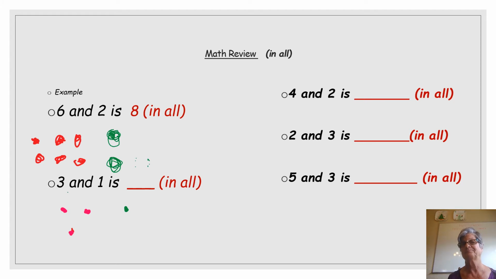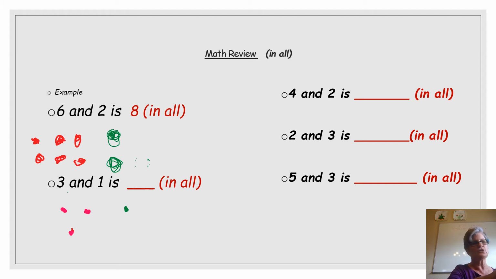Count them again. Did you get 6? That is what you should have gotten. And you all know how to write 6 by now. So a 6, remember, is like a capital C and then a circle at the bottom. So the answer is 6.